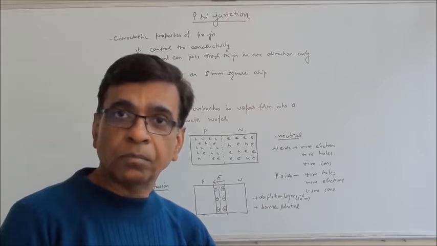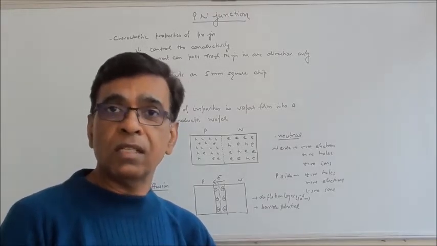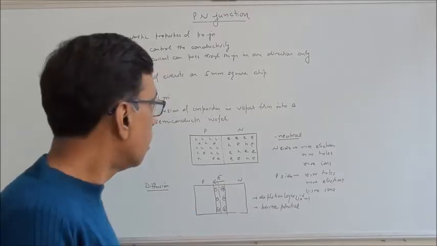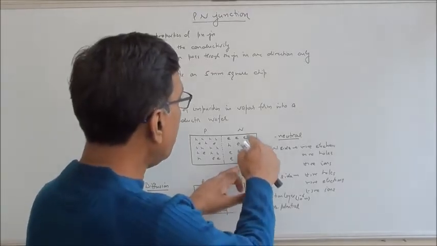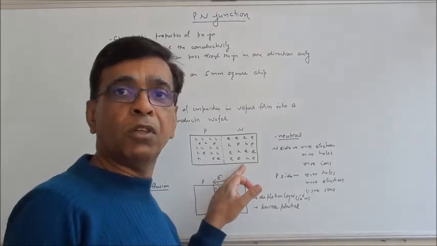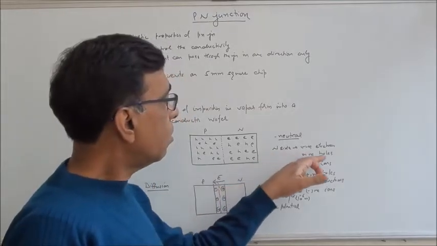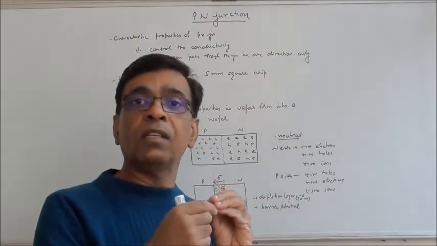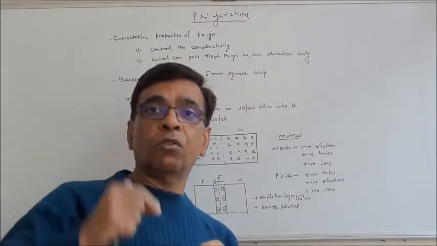But even then, P-type as well as N-type, they are electrically neutral. See how? Inside we have negative electrons in majority and holes in minority. And we have seen that in intrinsic semiconductor, holes and electrons are equal in number.